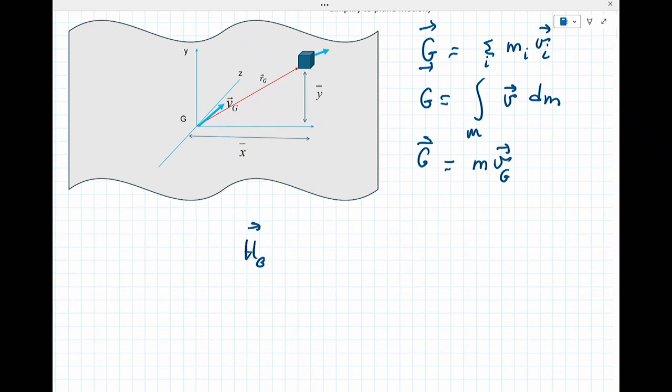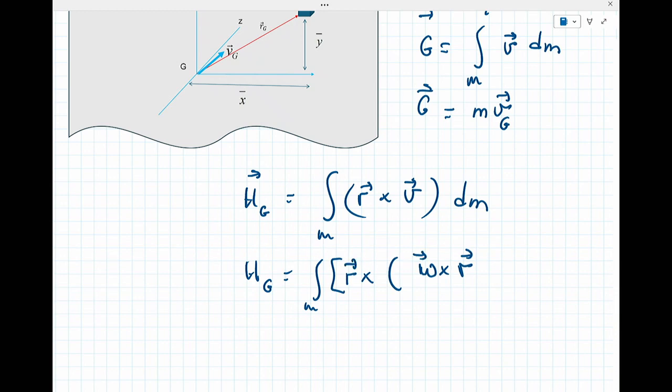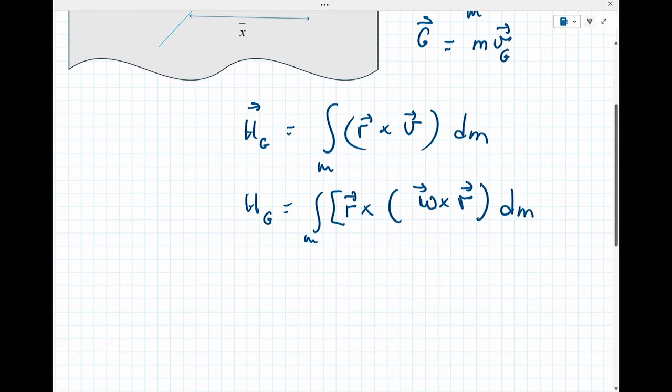H sub G is equal to the integral of r cross v dm. And you can say, look, H_G is equal to the integral over m of r cross omega cross r, and I'll get all the vectors, dm. And there we go.